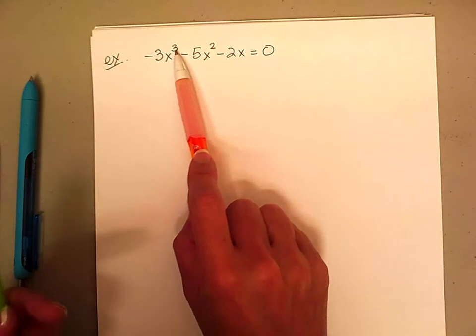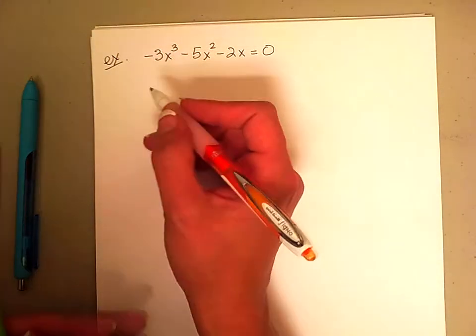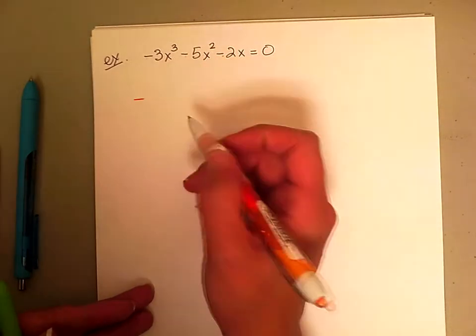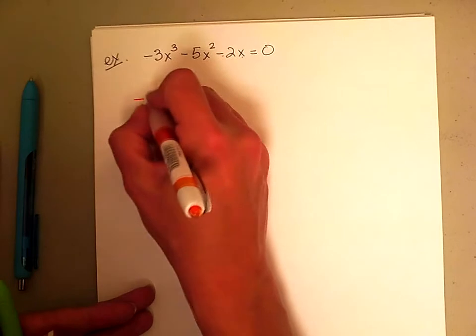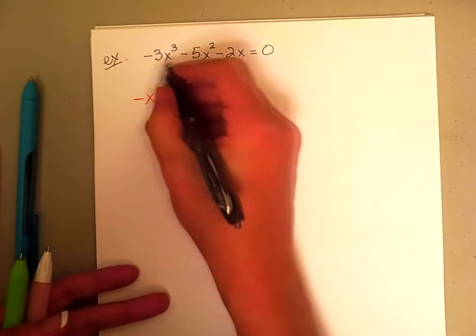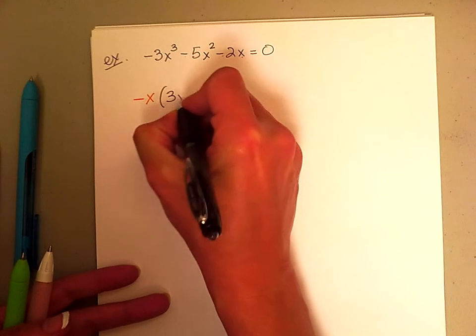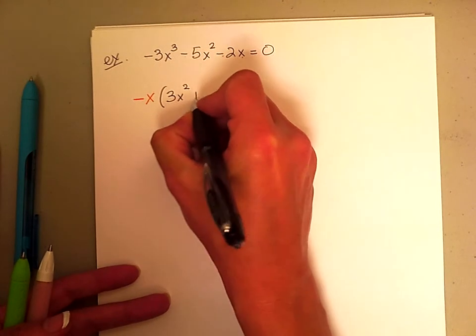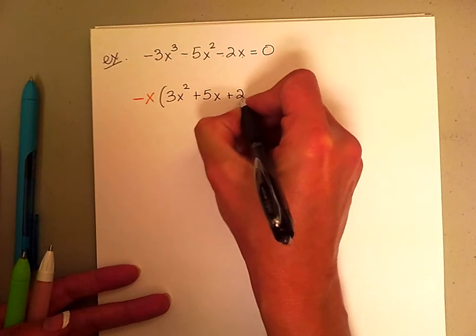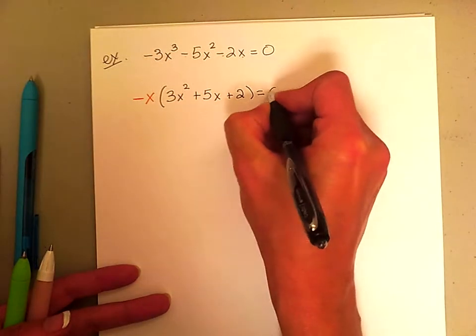However, if I look for a greatest common factor, I see there's negatives that I could pull out of each of them, and an x. When I do that, I'm left with positive 3x squared plus 5x plus 2 equals 0.